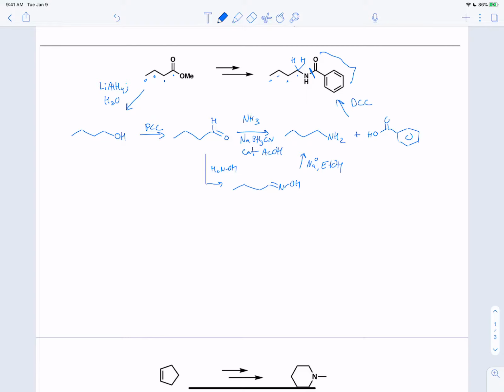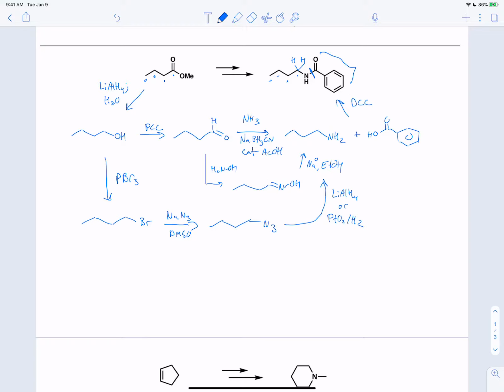And there are yet more different alternatives here. So if we first convert this with PBr3 to the alkyl bromide, this can be displaced with sodium azide in an SN2 reaction. And then reduced with lithium aluminum hydride, or you can hydrogenate it with platinum oxide and hydrogen gas.